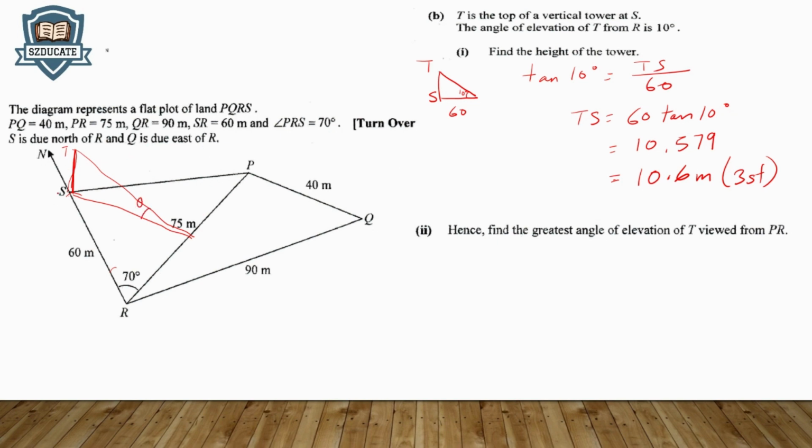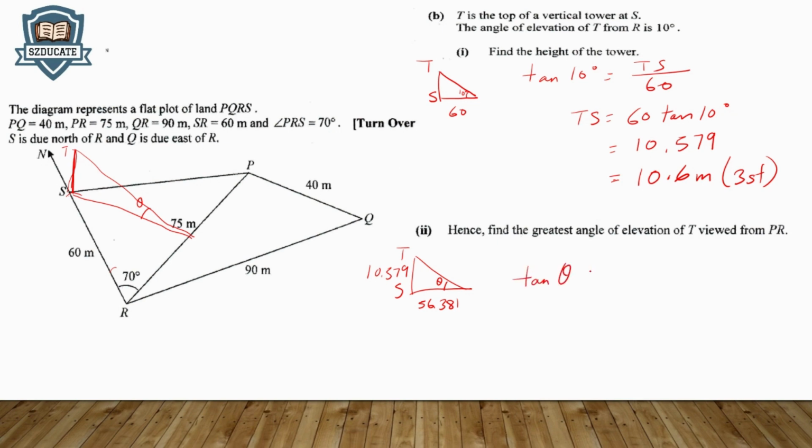Now, we want this angle. We already have TS. And we already have this shortest distance too, which comes from our earlier part, which is 56.381. I'm not going to write it here. I'm just going to draw the triangle in 2D. TS we found is 10.579, and my shortest distance is 56.381, and I want this angle. So again, your basic trigo.